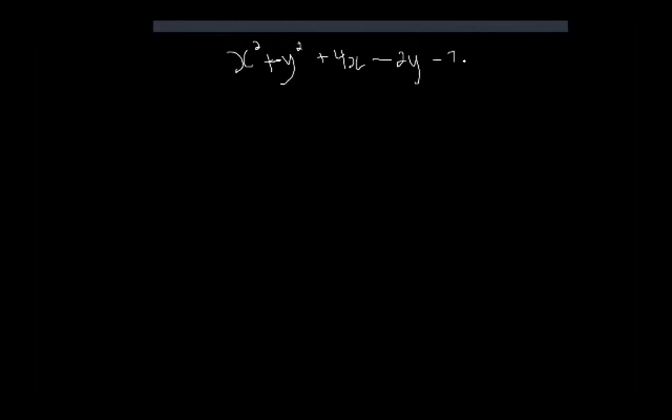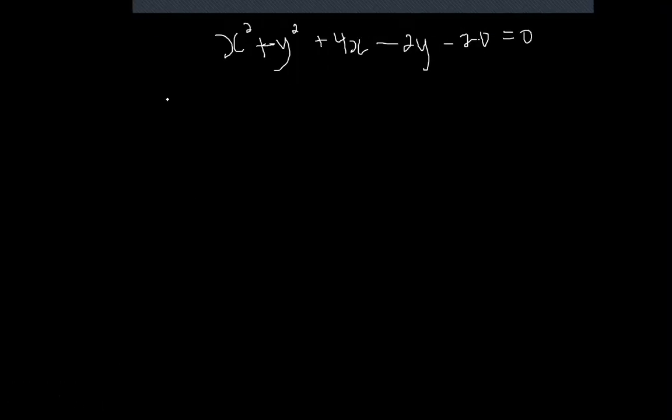First thing you want to do, write down all the information they gave you. So they gave you the general form: x squared plus y squared plus 4x minus 2y minus 20 is equal to 0. That's what they gave you, and you need to recognize that this is the general form.